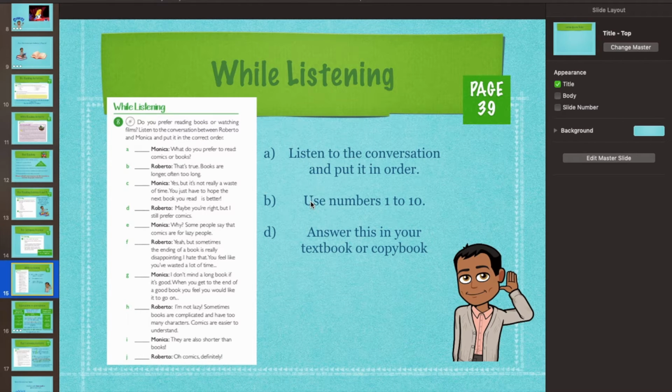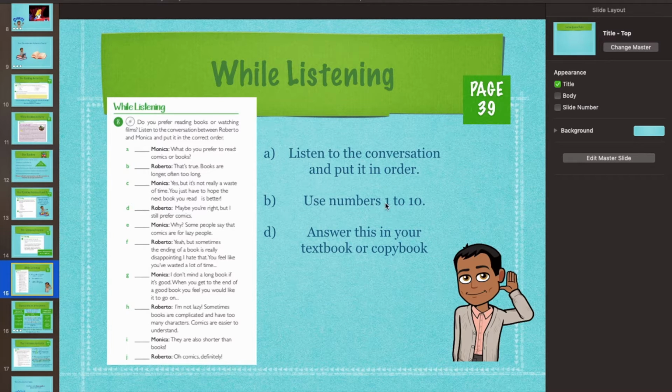For exercise number 8 on page 39, we have a while listening activity, okay? So you're going to listen to a conversation. This conversation is here. You have it, here is the script. And what I need you to do, I need you to put it in order. So you're going to listen to the conversation and put it in order.